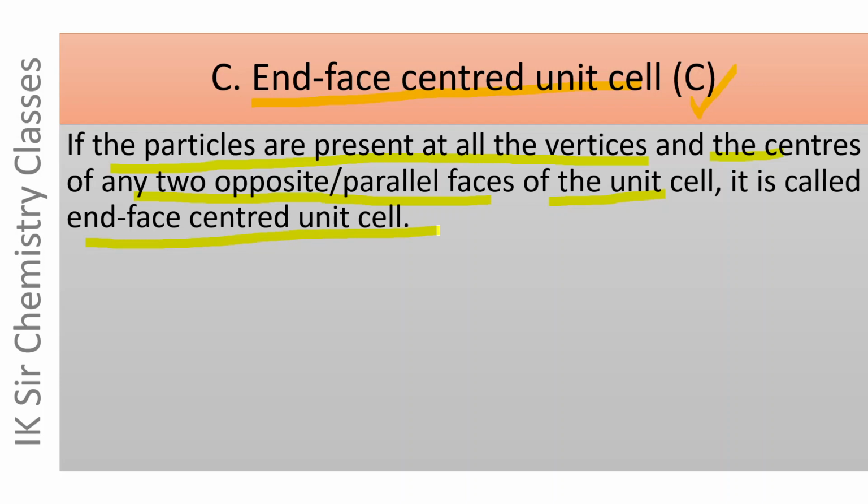It is clear that in the end face centered unit cell, particles are present at all the vertices. At the same time, the particles are also present at the centers of two opposite or parallel faces as demonstrated diagrammatically here.